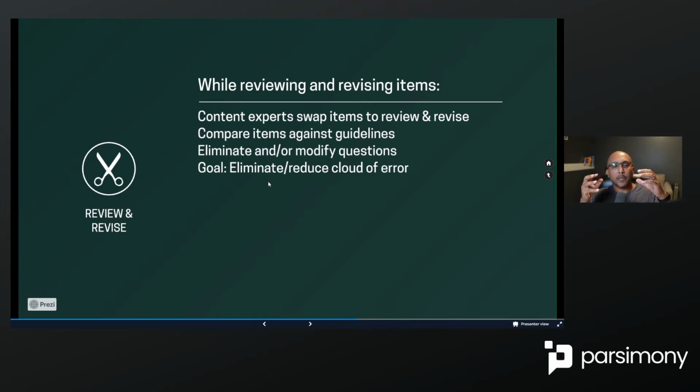Depending on how the questions are written, if they're violating these best practices, the accurate response you were looking for doesn't line up with the response they put in. That's what I'm referring to as this cloud of error. So this step is really designed to minimize that and get the accurate answer to the question that you are asking.